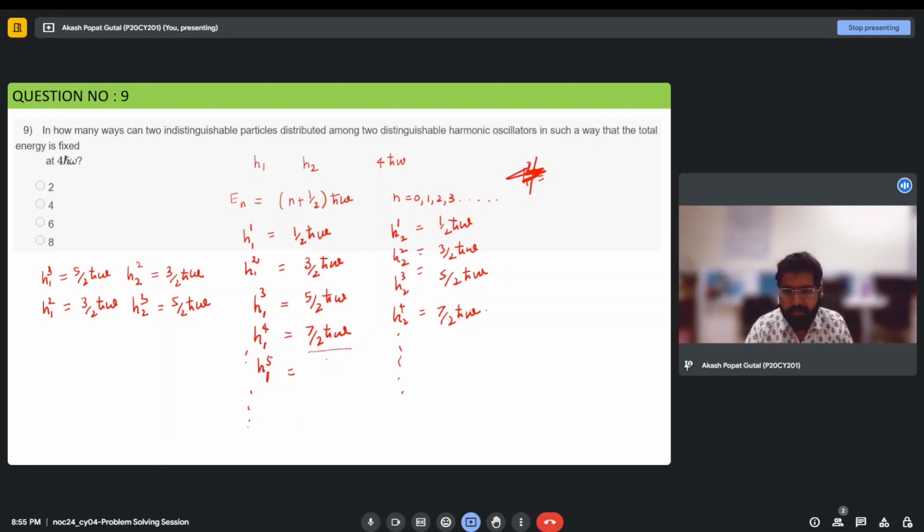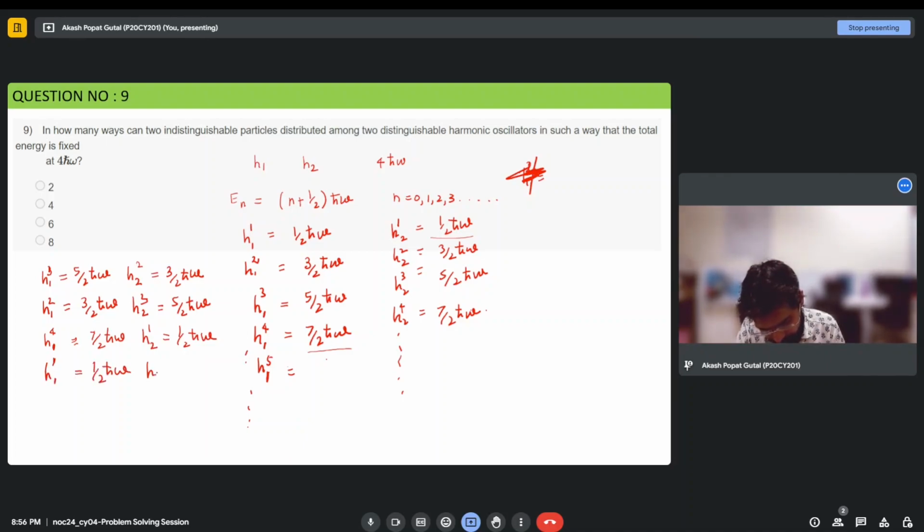That also fulfills: 7/2 plus 1/2 ħω is 8/2, which is 4ħω. Similarly, H1 at 4 is 7/2 ħω, H2 at 1 is 1/2, and H1 at 1 is 1/2 ħω. These are 4 combinations we are getting.